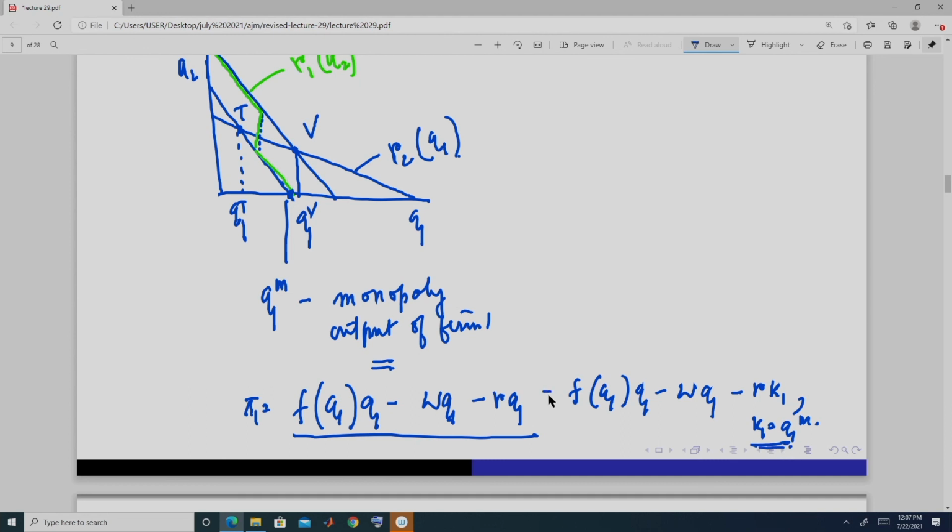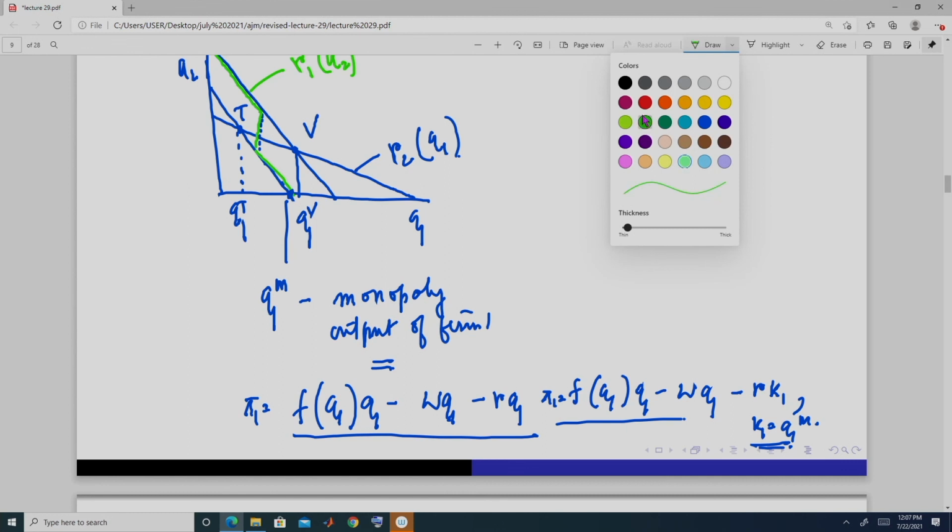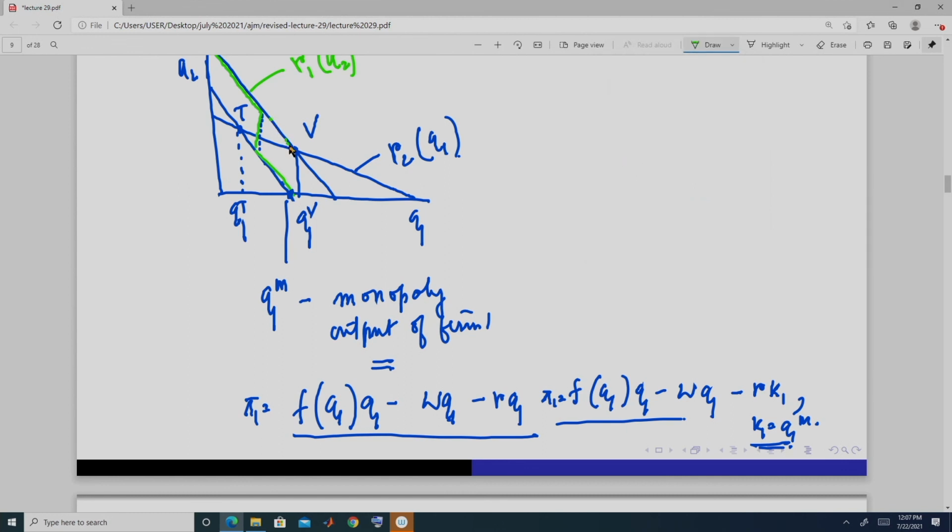Okay. This will also give me this point. Okay. Because then the reaction function is going to be this point. Okay. And so, this is going to be the monopoly outcome.